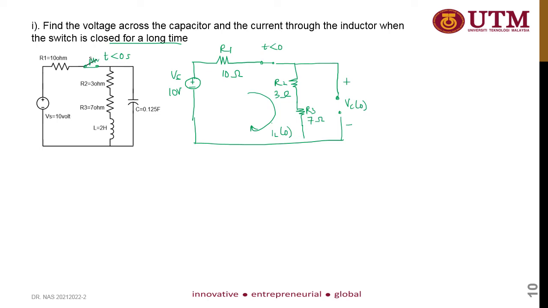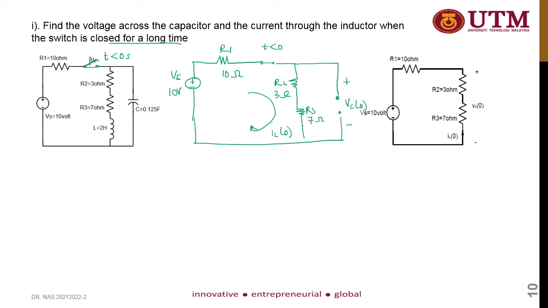This will be the initial condition for the next state, in which after t equal to 0, the switch is open. So this circuit can be simplified as this one. So you need to determine the expression of VC naught and also IL naught.